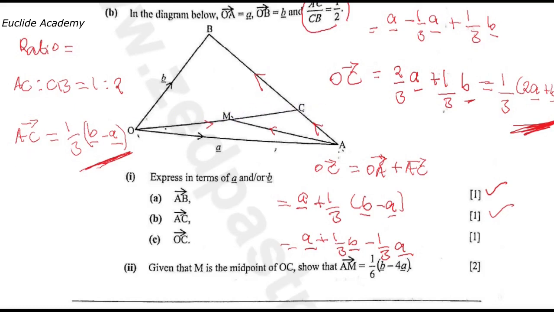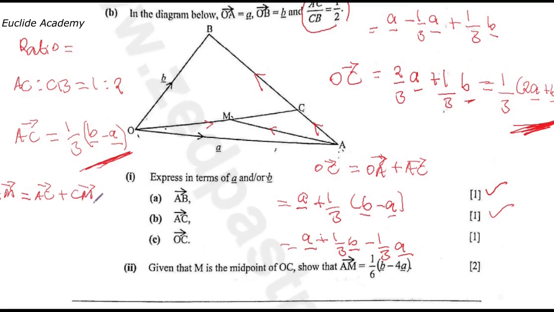So we can say the vector AM should be equal to the sum of the vector AC plus the vector CM. But we do not have this vector CM. So how do we find the vector CM?